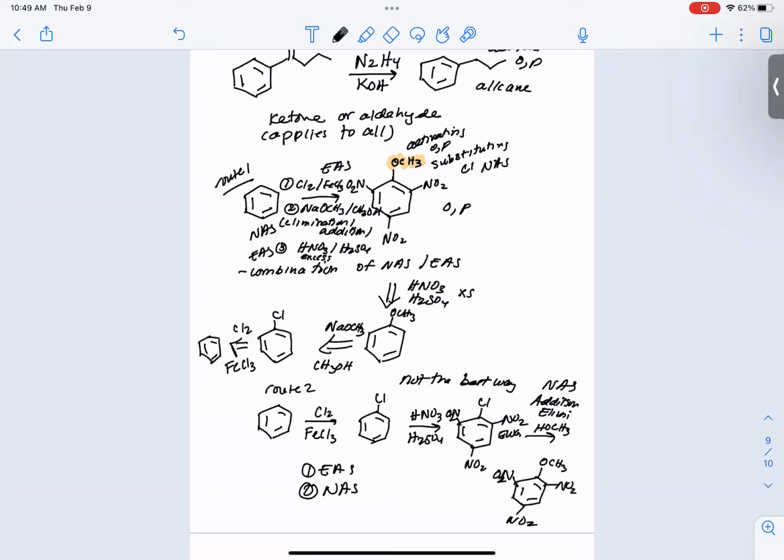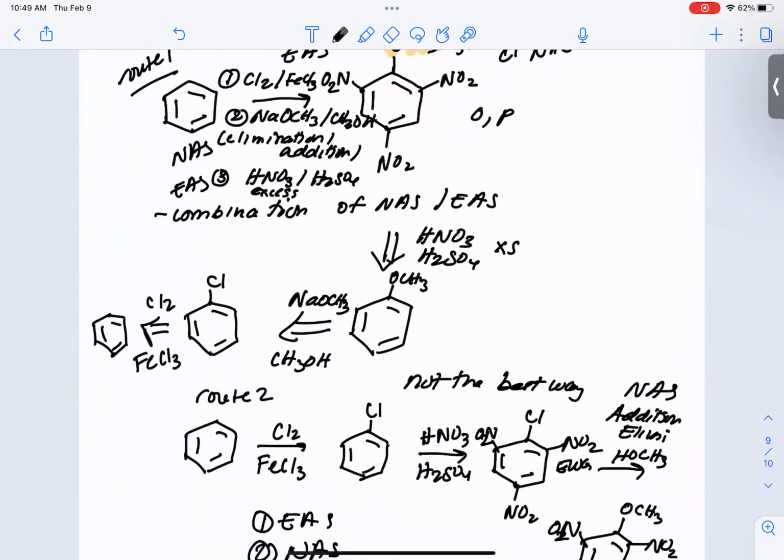All right, the last thing I want to look at is just showing you from a mechanistic perspective if you have an aromatic heterocycle.